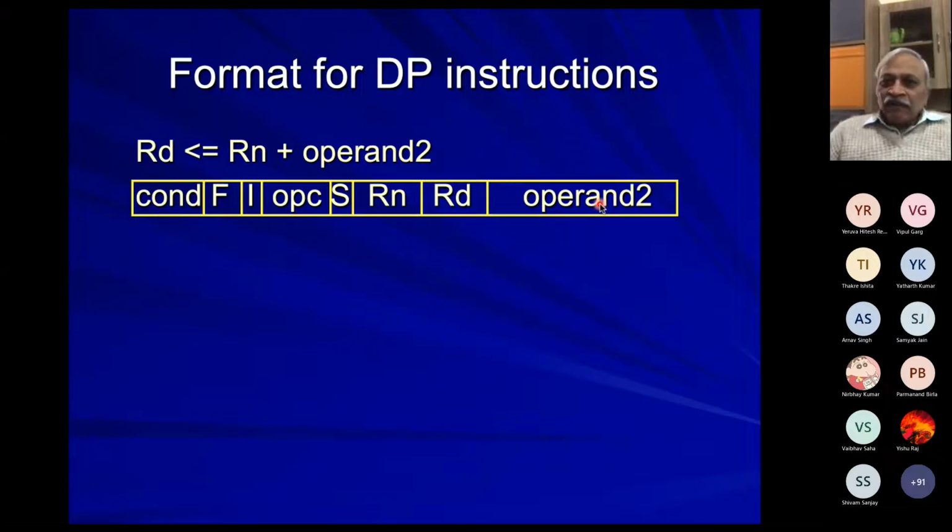When you're writing assembly language, you don't really need to worry about this, but the reason we are describing this is it gives you an insight into how the instruction set is formed, how different instructions are represented. And in particular, this will be required when you design the processor, because the processor has to pick up an instruction, look at various fields and interpret it. So we'll talk of details of operand 2.